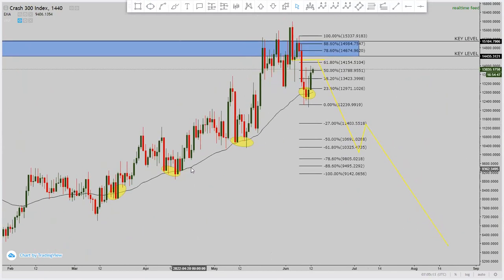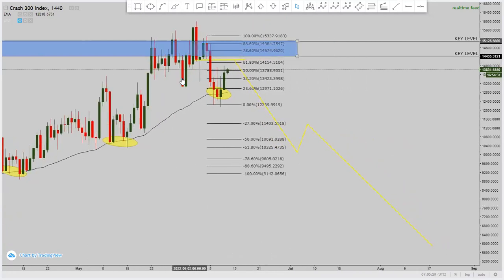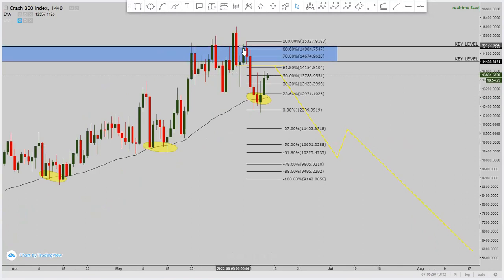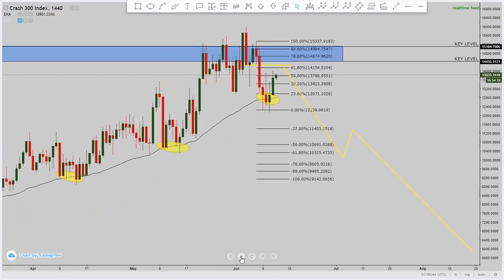For someone who knows indicators only, like the moving average, basically what they are waiting for is for price to break below this moving average for them to know that the trend has shifted. But for us who understand price action, we can already see that the trend has shifted based on this shift in market structure, where we have a lower high here, which is lower than that one. We have a break of this lower low, most probably a retest of that lower low here. So basically, to us, the trend has already shifted.